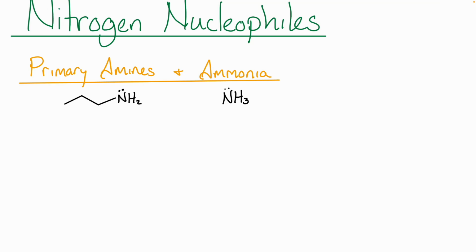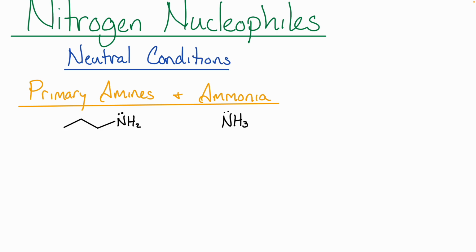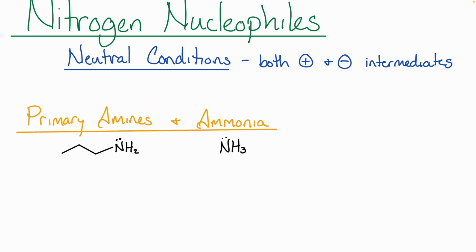The first sort of weird thing that we're going to see with these nitrogen nucleophiles is they react not under acidic or basic conditions, but a third category we're going to call neutral conditions, where we're going to see both positive and negatively charged intermediates. All right, calling it neutral is a little bit of a lie.